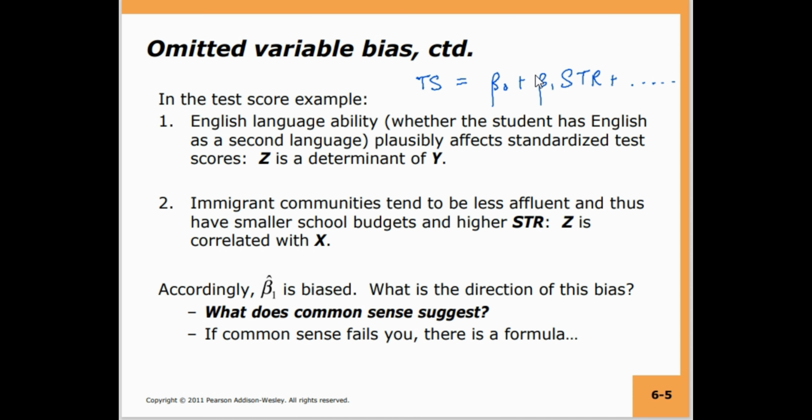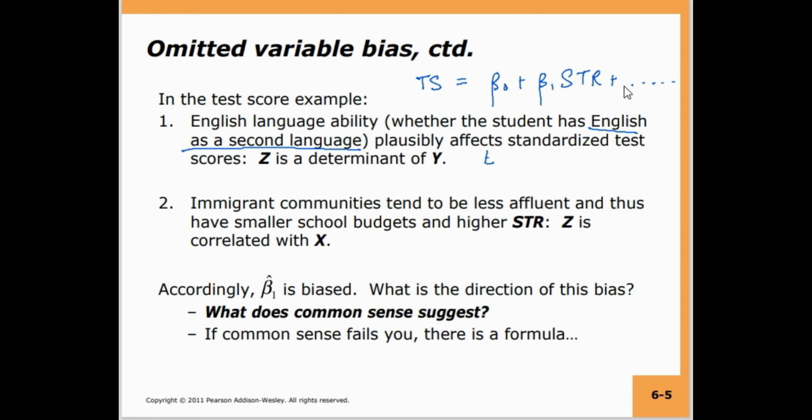So people who speak English at home, for them English will be a first language, but people who come from different kinds of ethnic backgrounds may not speak English at home, so for them English will be a second language, and as a result they may not be so proficient in English, and this may actually affect their ability to do well on standardized tests which are obviously in English. So suppose the variable that you have not included is English language ability.